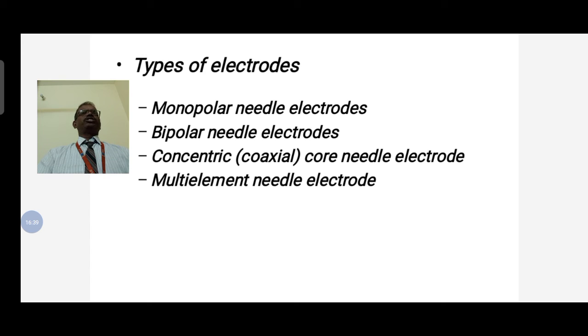After recording this bioelectric signal, how do we analyze it? Suppose the ECG waveform is the PQRS waveform.